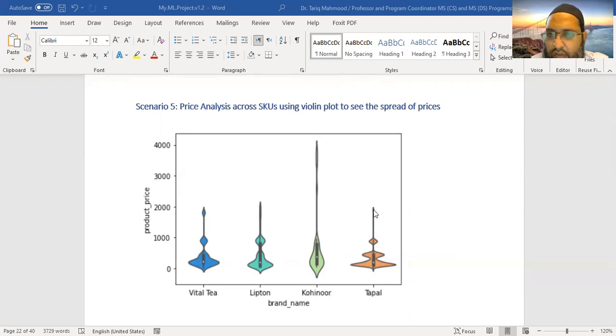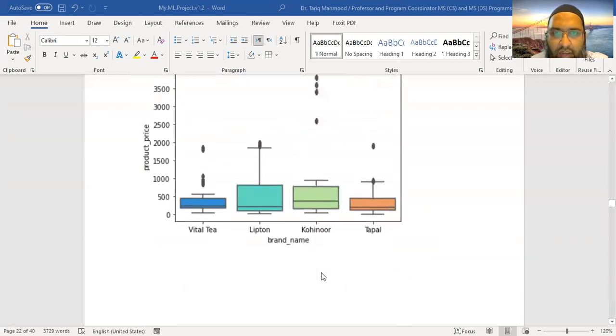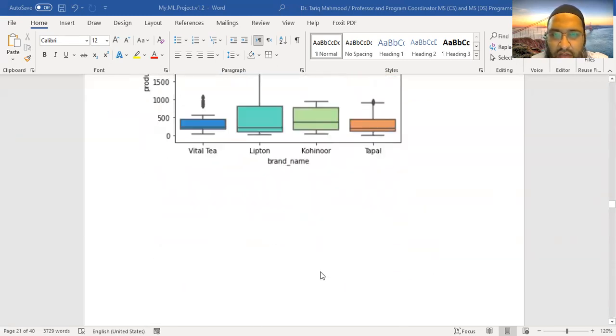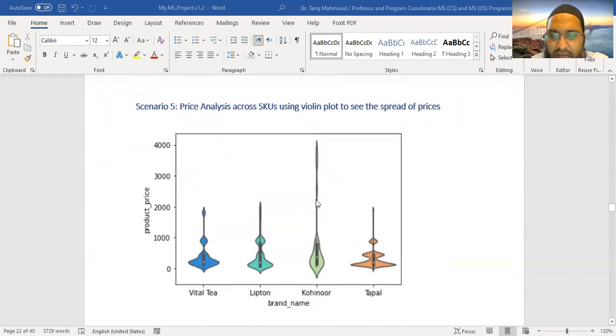This is not a normal violin plot, because the body of the violin is spreading out too much. We have to see the size which remains within limits. What looks exactly like a violin is Lipton. This Kohinoor definitely does not look like a violin. Although in the box plot we were singing praises, due to the outliers, it contracts the body of the violin, which is not a good sign.